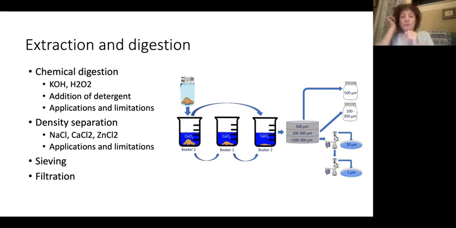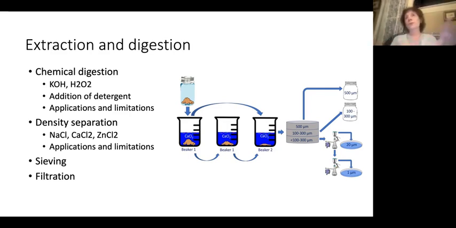Depending on the size of the particles in your sample, you can use a stainless steel sieve to filter out any other excess sediment or roughage in that sample that isn't plastic. And then a lot of groups will do a staged filtration.